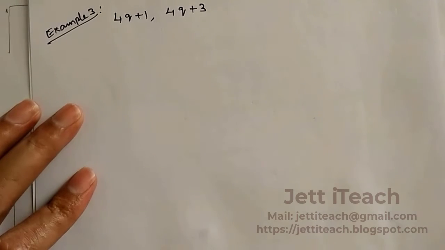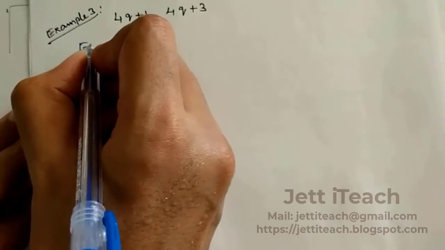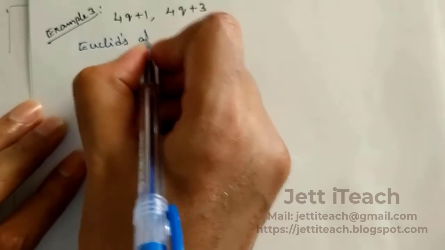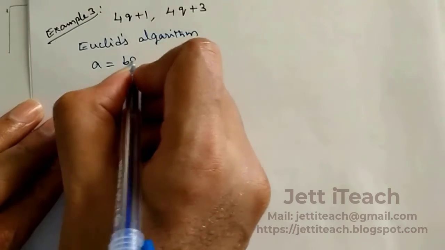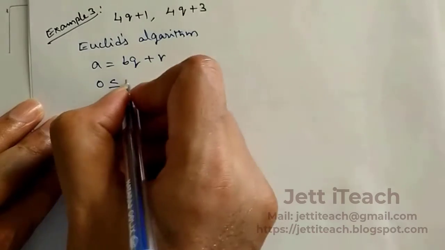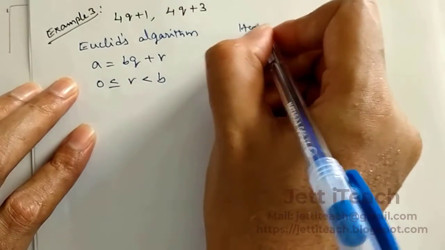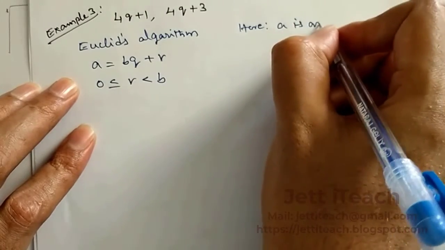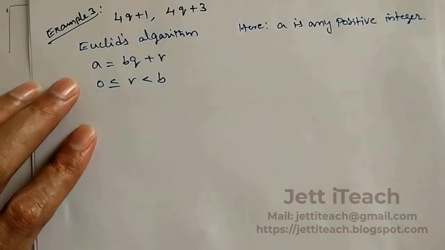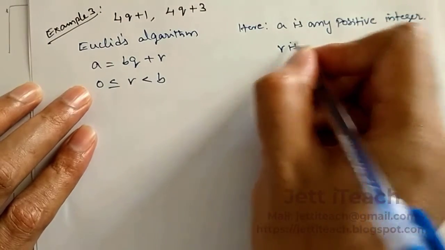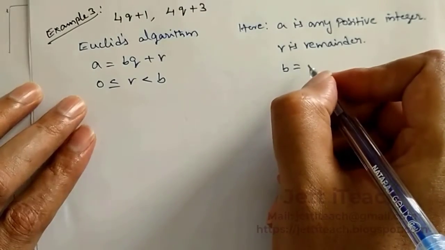We will use Euclid's algorithm. Again, a is any positive integer, r is the remainder, and b equal to 4.